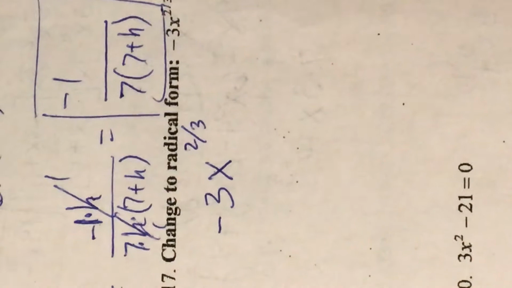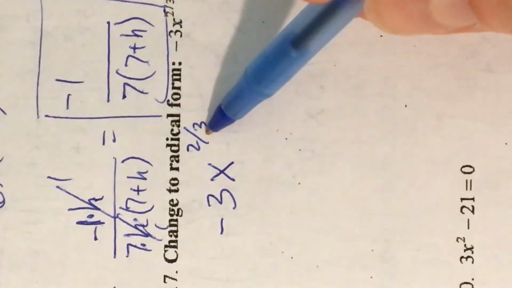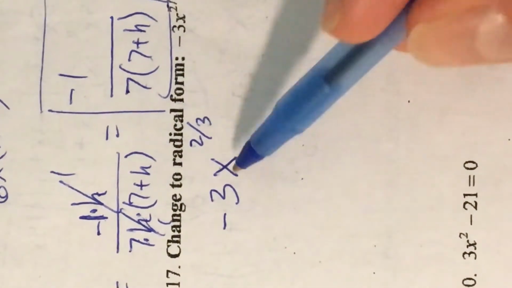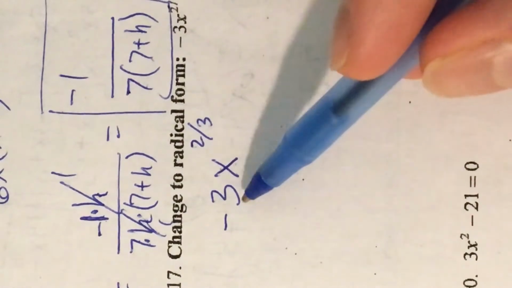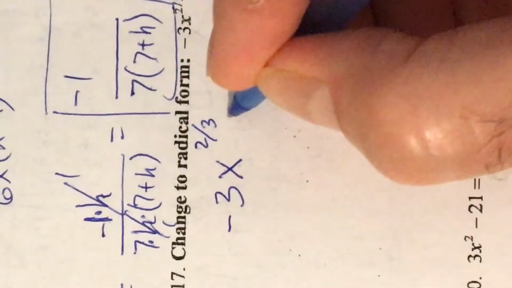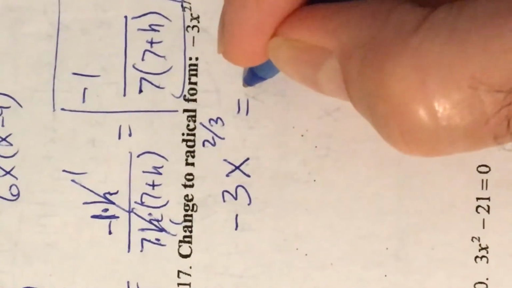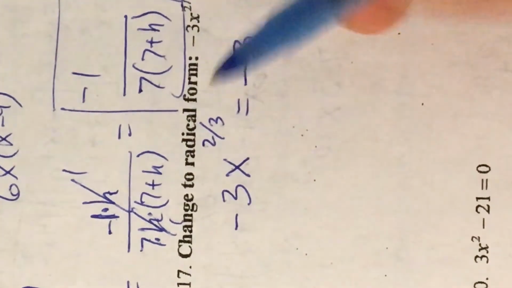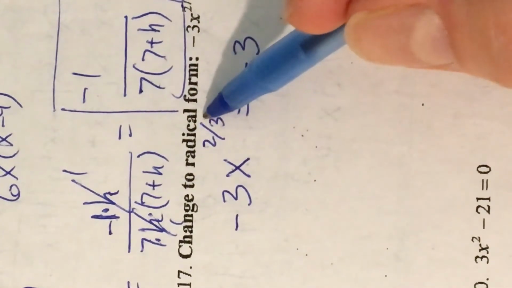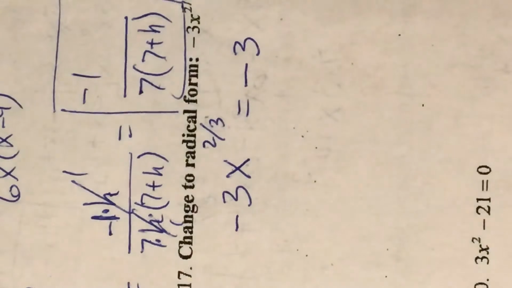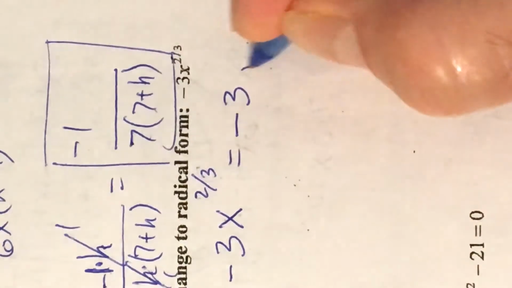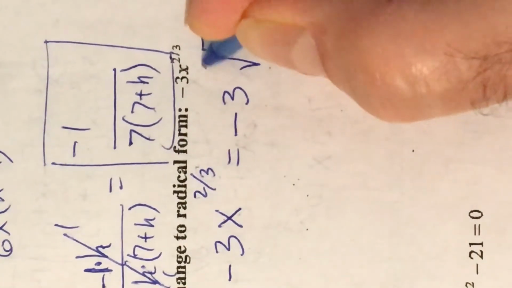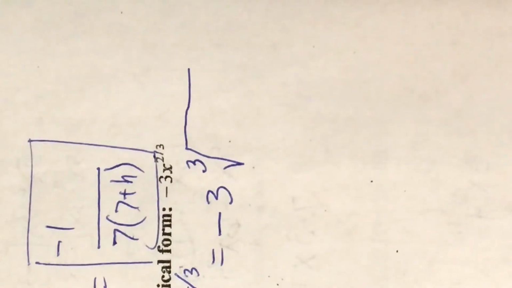First of all, that fractional exponent, the rational exponent, only belongs to x. It does not belong to -3. So it says change to radical form. So I'm going to write -3. Now what's my root? The root is the denominator of my power. So I'm going to write -3 times cube root. Remember, if the root is 3, we call it cube root.